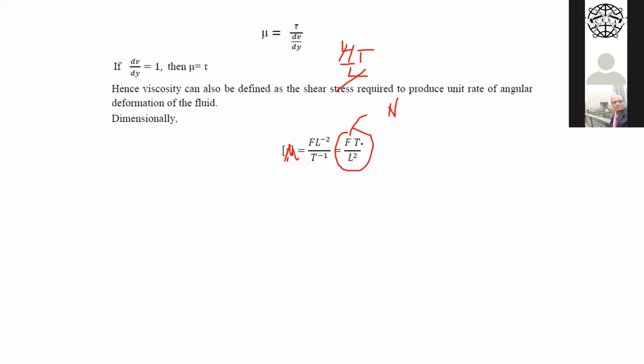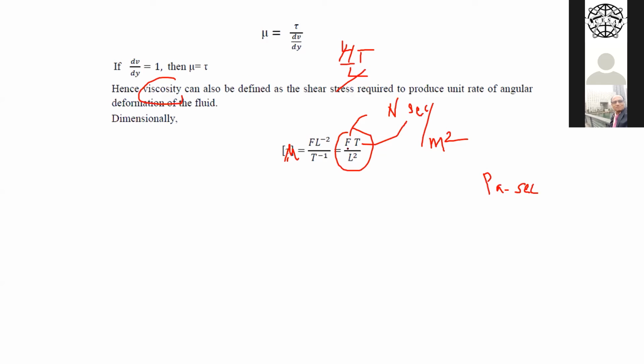Force is represented in newtons, time in seconds, and length in meters. So the unit of viscosity is newton second per meter square. What is newton per meter square? It is pascal, so it is also known as pascal second. If they ask you the unit of viscosity, in the FLT system it is F T by L square, or F T L minus 2.